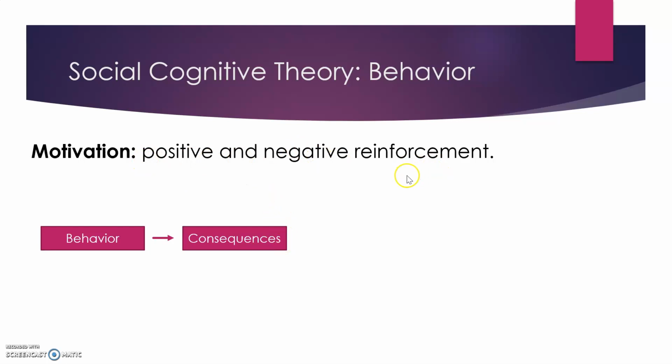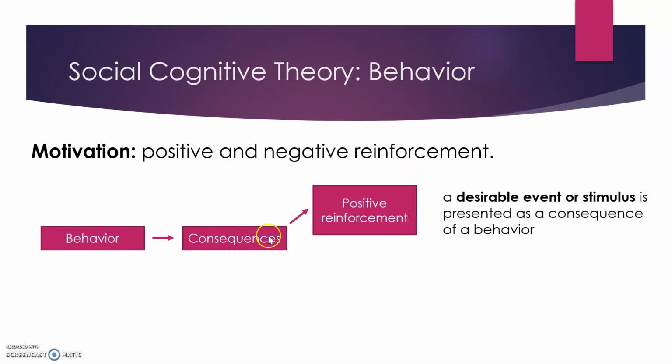So let's say if you want to enact a behavior and you foresee a desirable consequence, something desirable, something positive, we call this one a positive reinforcement. So let's say if you study hard, it is because you believe that studying hard can make you get a good grade.